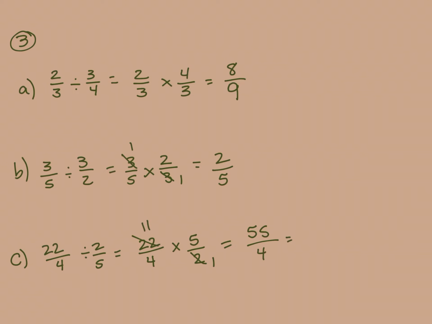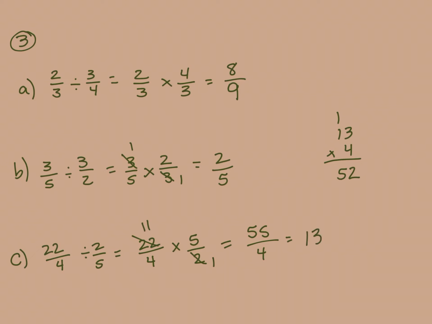Four times 10 is only 40, so 4 can go into 55 more than 10 times. 4 times 12 is 48, so it can go more than 12 times. 4 times 13, 3 times 4 is 12, 4 times 4 is 4, plus 1 more makes 5.